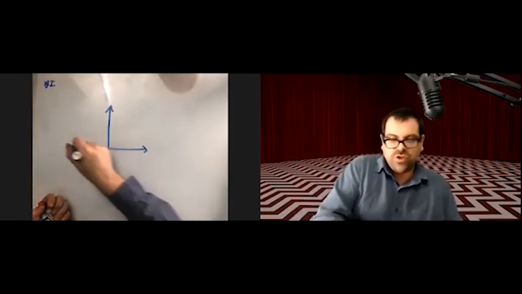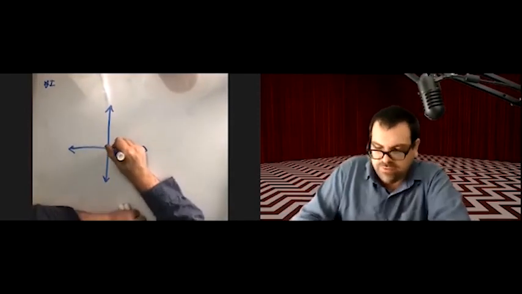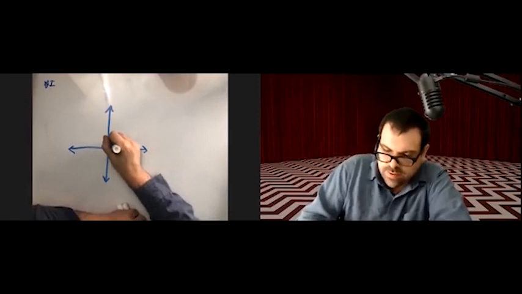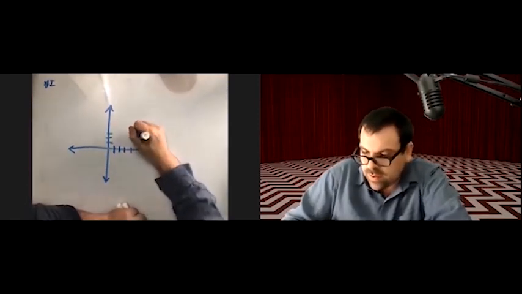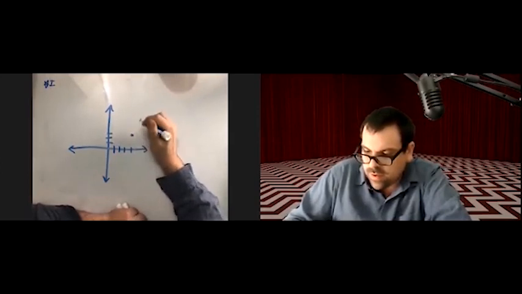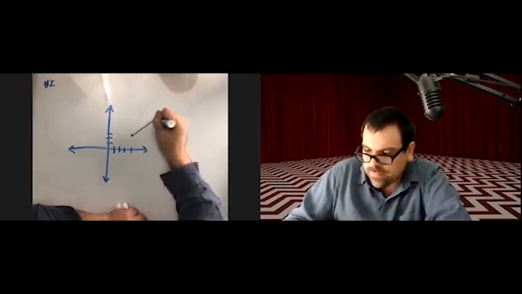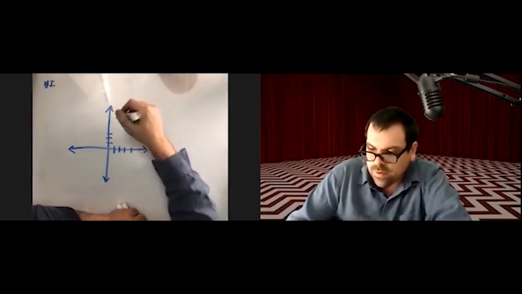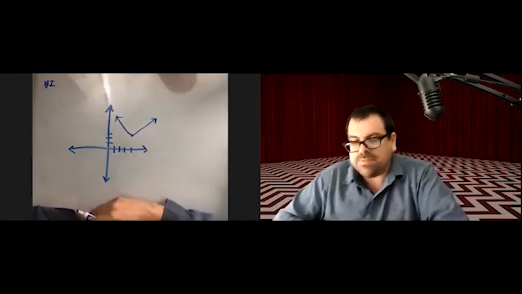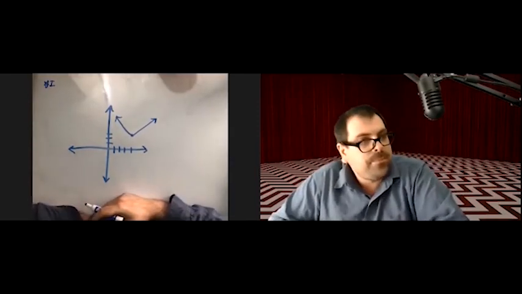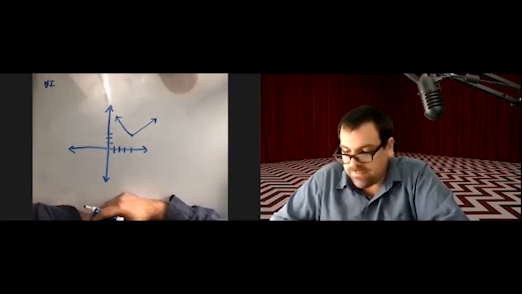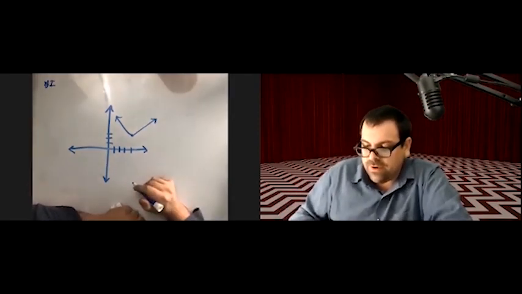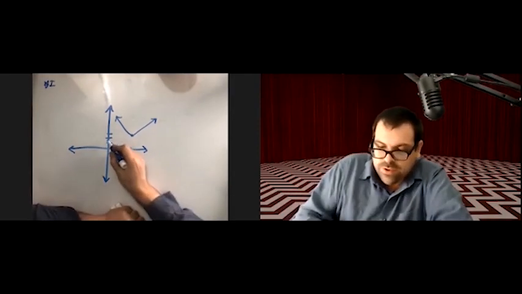Assuming that this is just up, down, left, right movements, what would this be? Assuming it's just up, down, left, right. Well, it's an absolute value. 1, 2, 3.